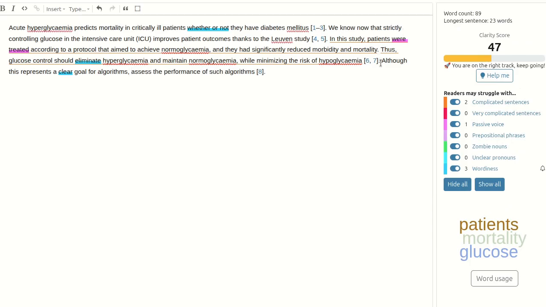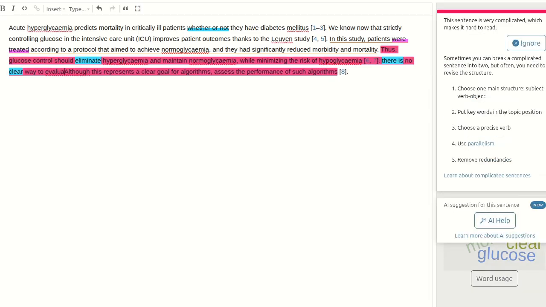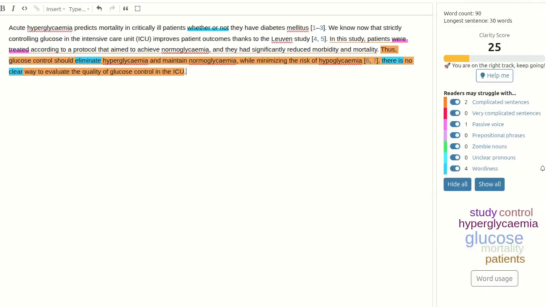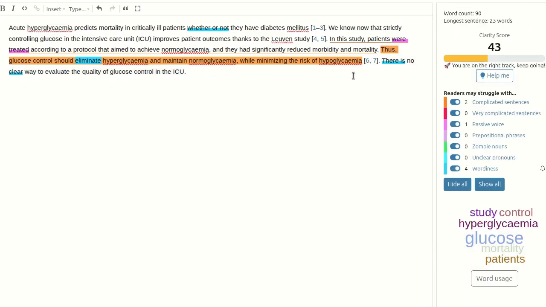In this case, they chose to connect back to evaluate the quality of glucose control in the ICU. And as a concluding sentence for the paragraph, this one brings us full circle. And then the next paragraph can get into what kind of algorithms we can use.